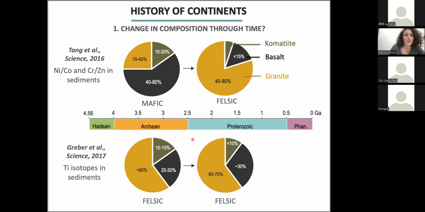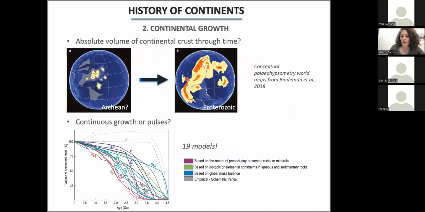And this also has consequences for other related studies, because, for example, this change from mafic to felsic composition is sometimes taken as evidence for the start of plate tectonics. So whether this change happened or not is very important to determine, for example, to try to understand how plate tectonics works through time.